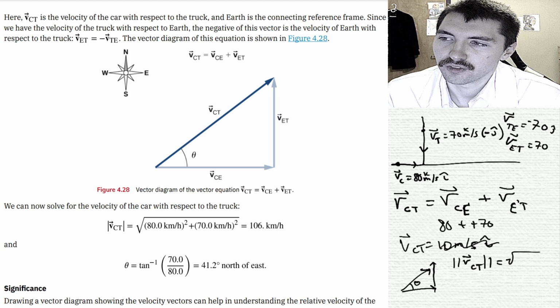It would be VCT dot itself. So what we would be saying is VCT is 80, 70.